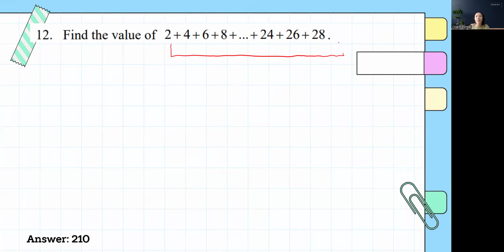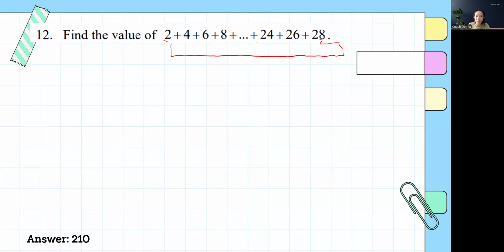Add numbers that end with digits that when you add them up, you'll get 10. For example, this ends in 2, this ends in 8. When you add them up, you'd get a 10. So their sum will end with 0, and that's much easier to deal with.